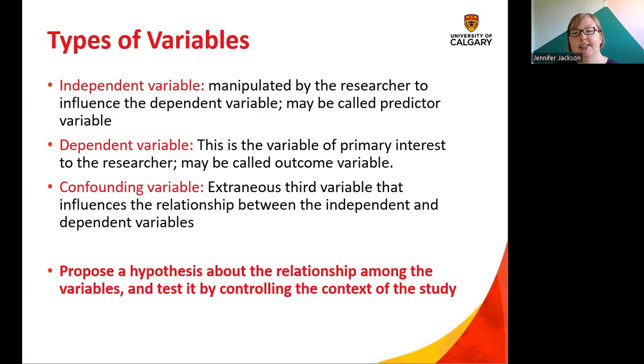The other factor is that there are confounding variables. So confounding variables are things that might also impact that relationship. So using our example of, does a flipped classroom approach result in higher student grades, a confounding variable might be whether students have a prior degree before coming into nursing, or if they are direct entry from their secondary education.